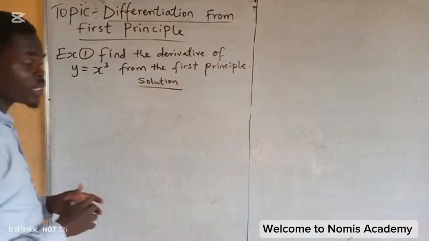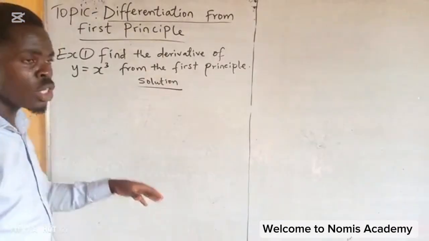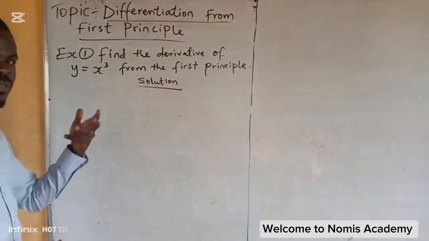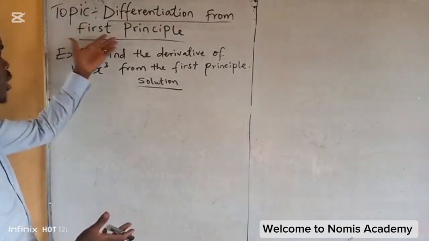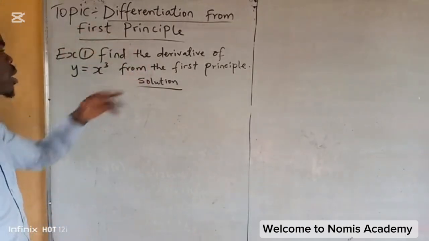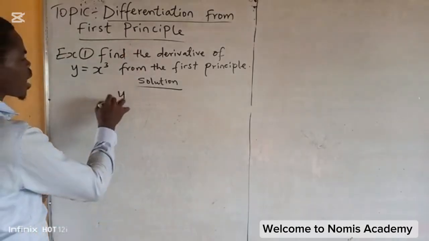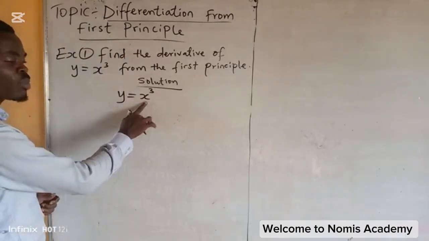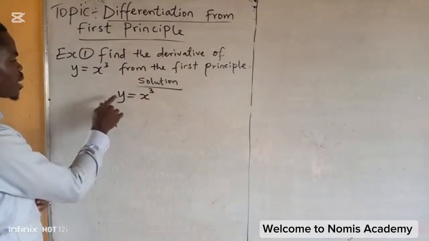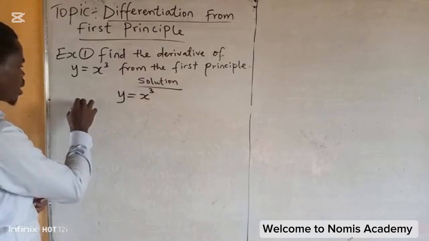Remember what I said? When you are given a function to find the derivative, you need to consider the limiting value. That process is what we call differentiation from the first principle. Alright, let's proceed. Now we have y equal to x raised to the power of 3. Any increment in x will definitely lead to an increment in y. Let me write it.